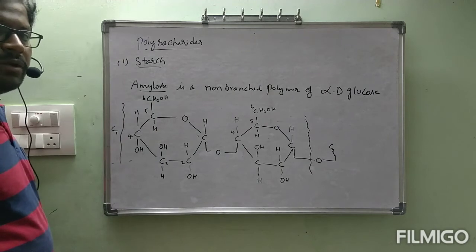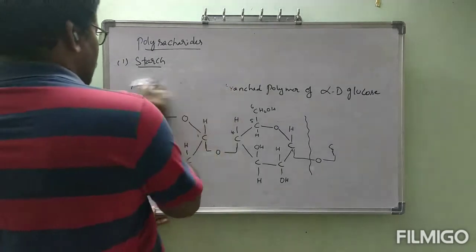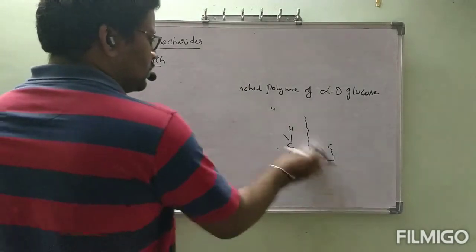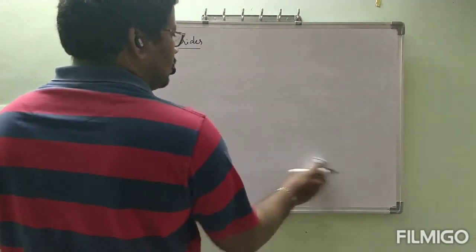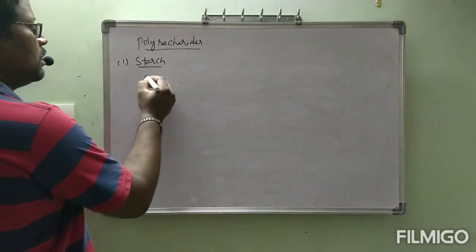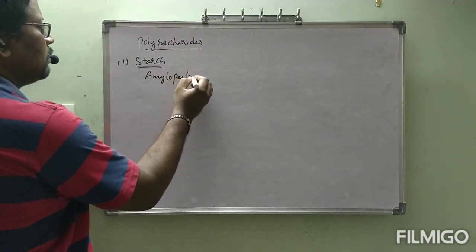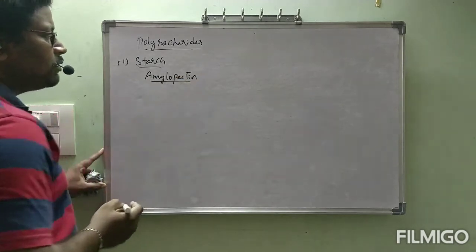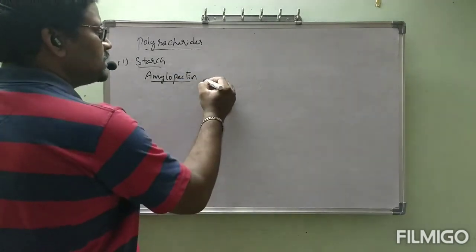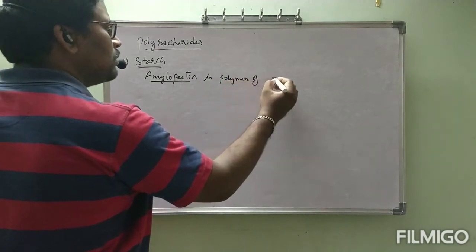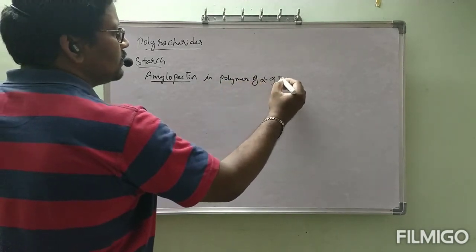Next we will see about amylopectin. Amylopectin is a polymer of alpha glucose only.